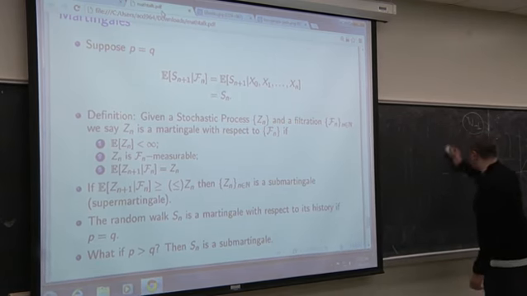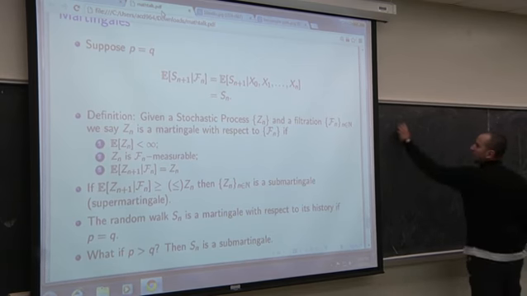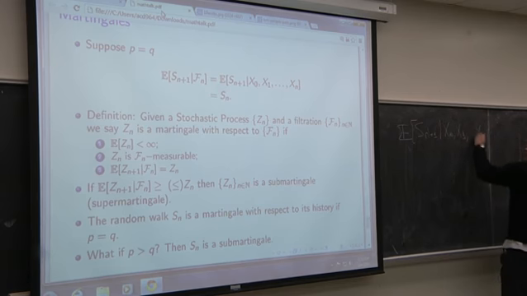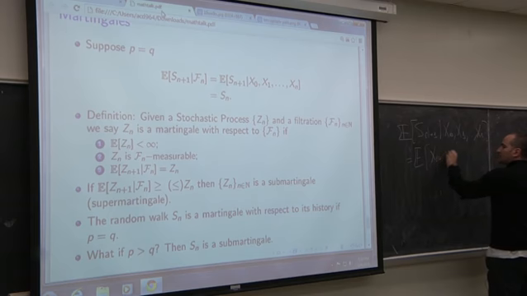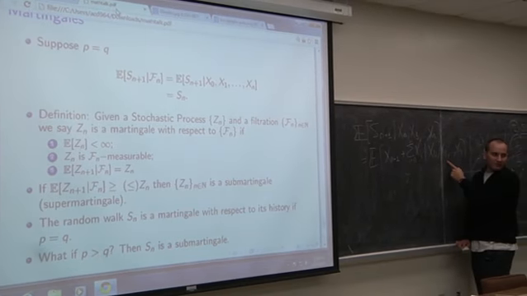Maybe I should do this. The expectation of Sn+1 given x0, x1, up to xn equals, by definition, the expectation of x_{n+1} plus the sum over i equals 0 to n of xi, given x0, x1, up to xn. Well, this part I already know, because it's given those random variables.